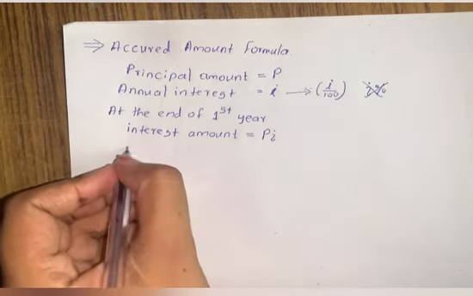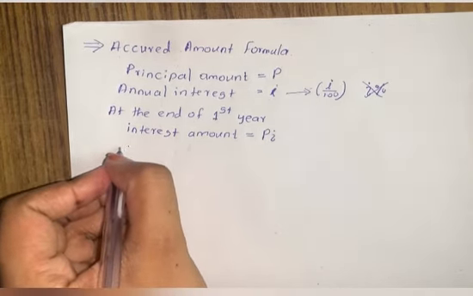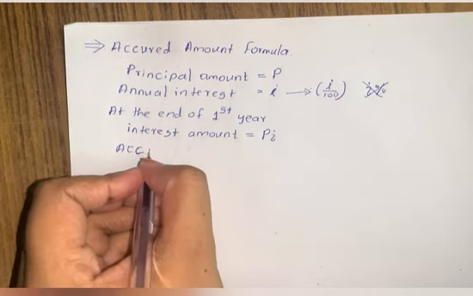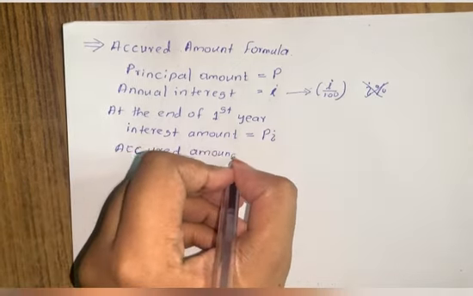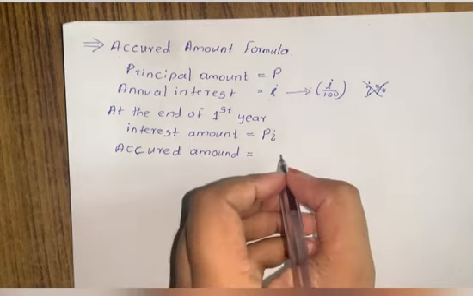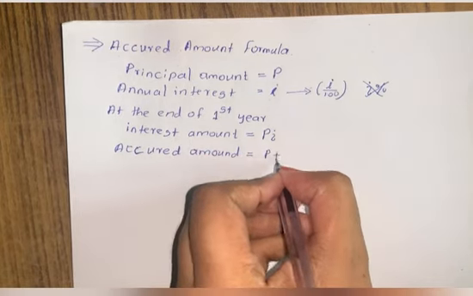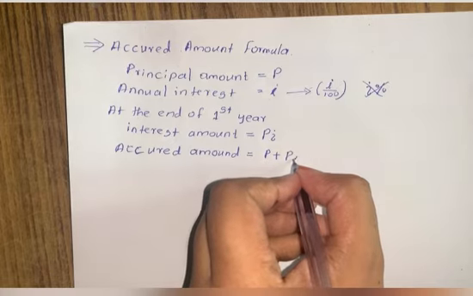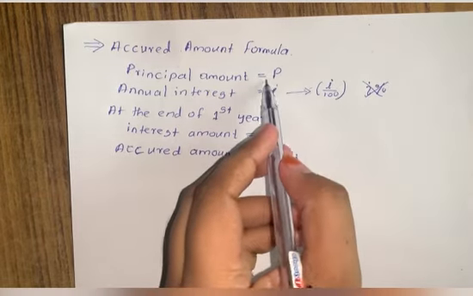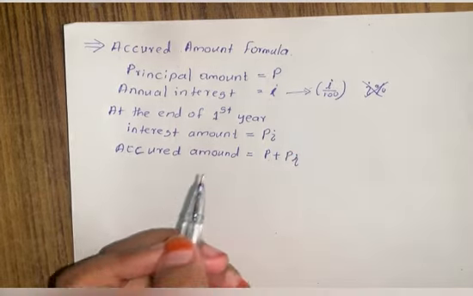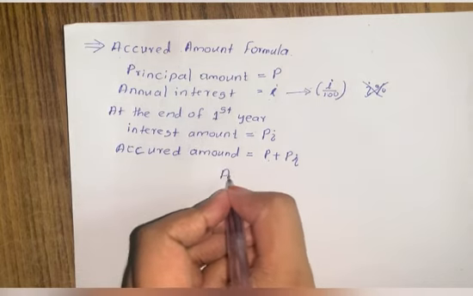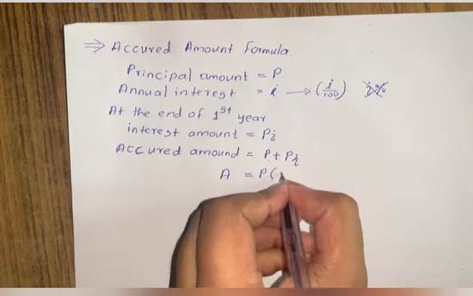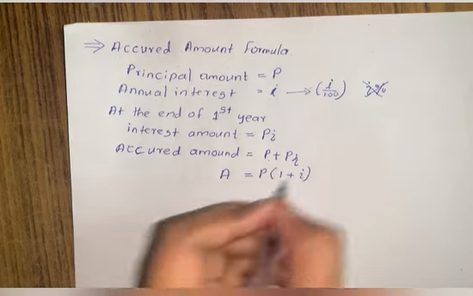So at the end of the first year, the acquired amount will be P plus PI. If we take the acquired amount as A, then A will be equal to P into 1 plus I.